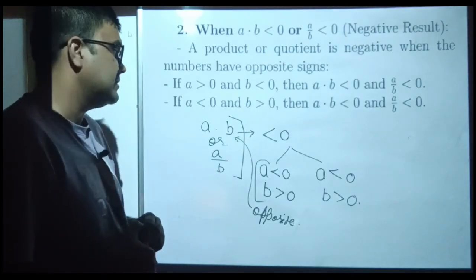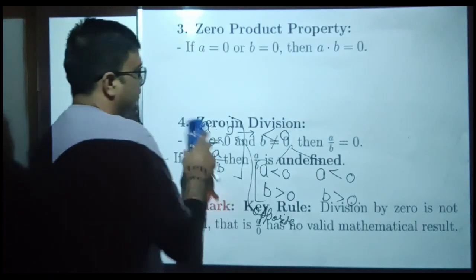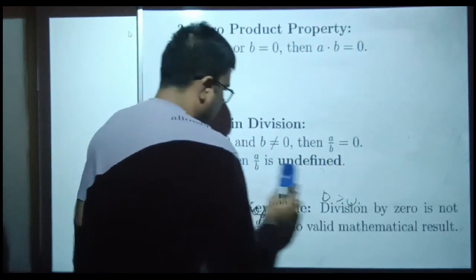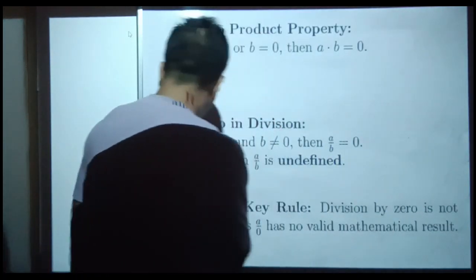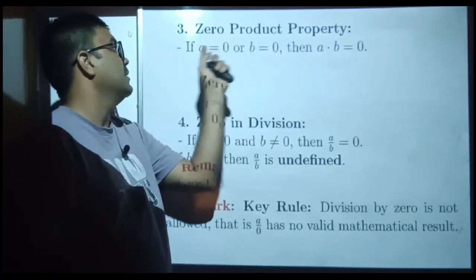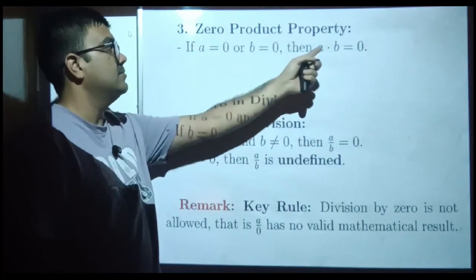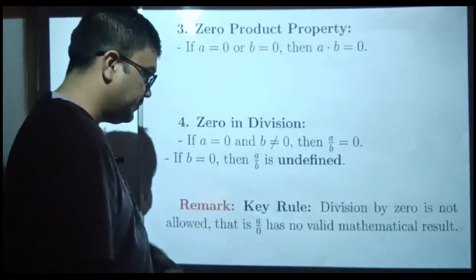We will have the results in this form. Next is the zero product. If we have the product of two numbers A and B, and if A or B is 0, then A into B will be 0.